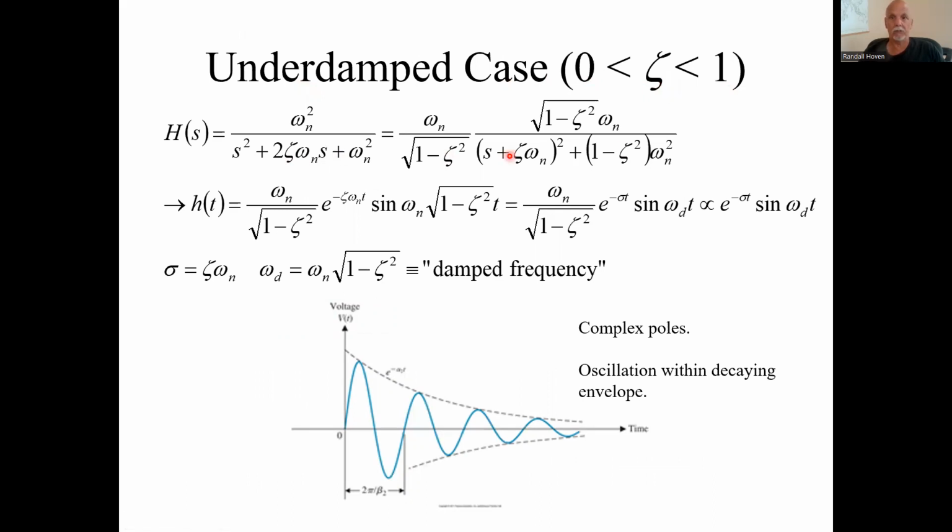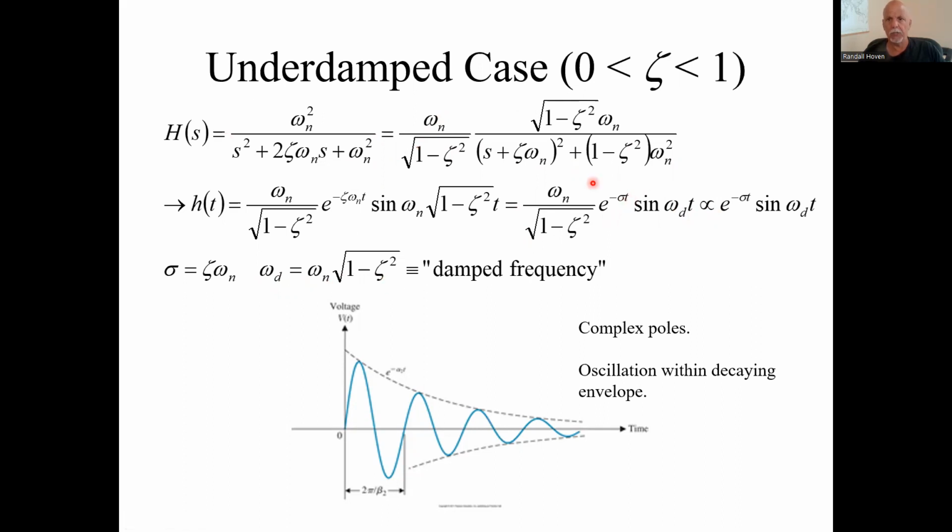You don't have to follow all this, but if this is the transfer function, you can do some algebra, find out where the poles are, and ultimately you get to this thing, which if you look at it, is a sine wave with a certain frequency, which we call the damped frequency, and it has a certain relationship to the natural frequency and the damping constant.